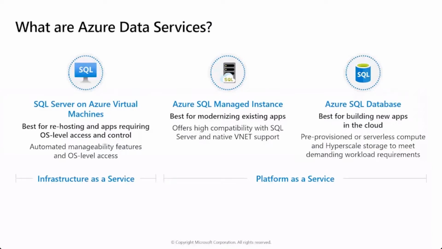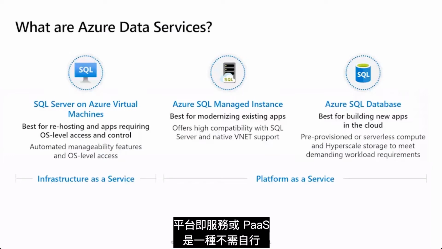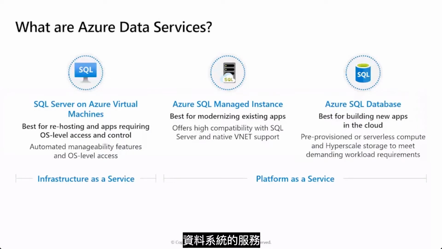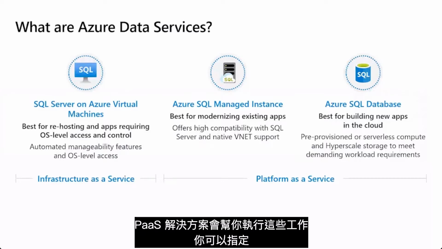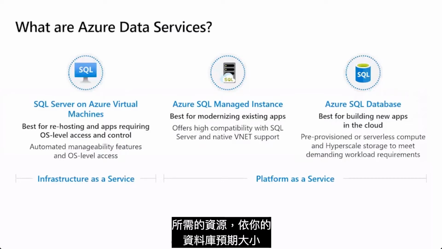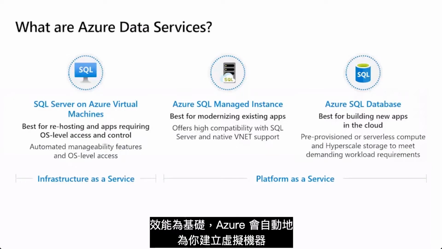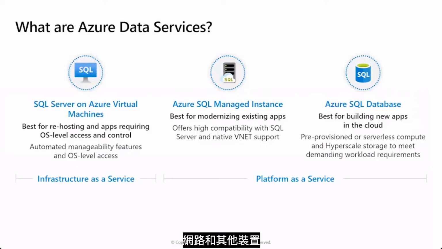Platform as a service, or PaaS, are services where rather than creating a virtual infrastructure and installing and managing the database software yourself, a PaaS solution does this for you. So you specify the resources that you require based on how large you think your databases will need to be, how many users will be using them, and the performance requirements that you need, and Azure automatically creates the virtual machines, networks, and other devices for you.